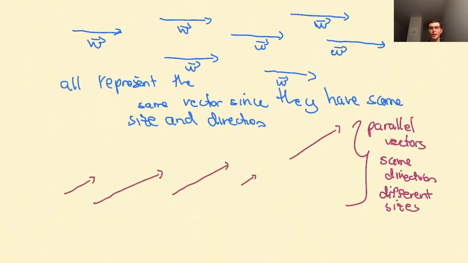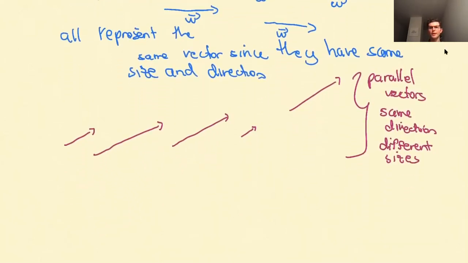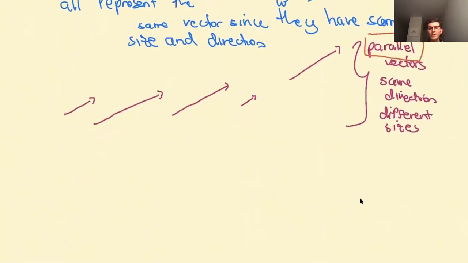And maybe finally, to finish in the last 3 minutes, another thing you can do with a vector is rescale it. Say you have a vector v, and what would be 2v?